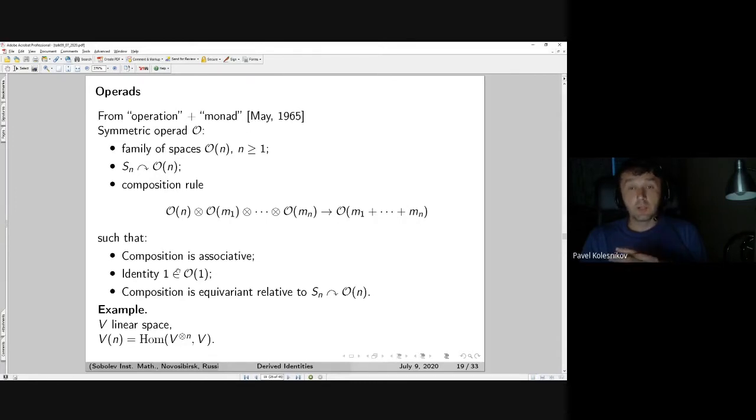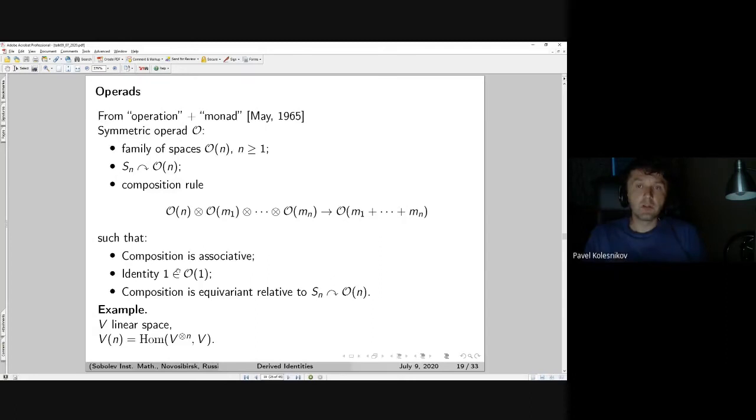Every operad is actually a category. An operad is a category with a single object. This is why it is called a monad. The object is unique, but the category structure is richer than the structure of an ordinary category. Instead of a single morphism set, we have a family of so-called multi-morphisms.